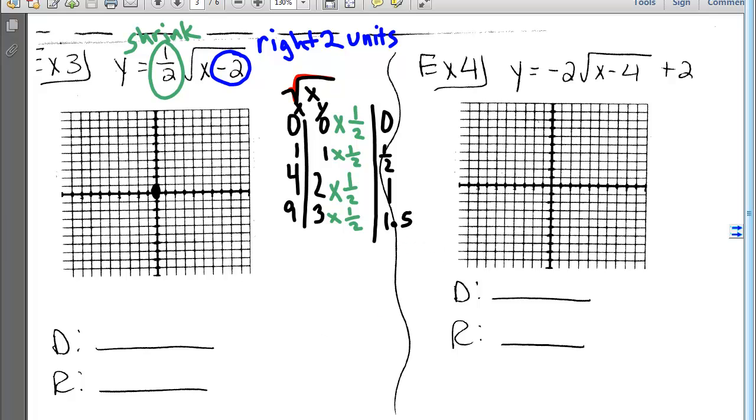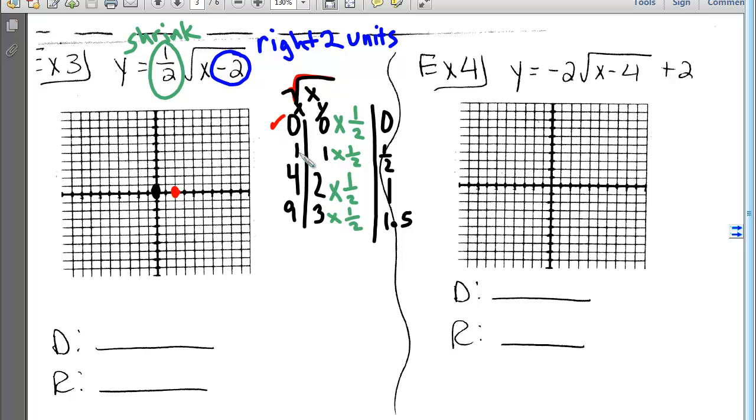So my new plot will be out 2 units to the right, up 0. And these are my new moving places. My first new movement is out 0, up 0.